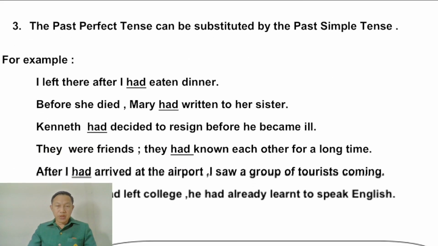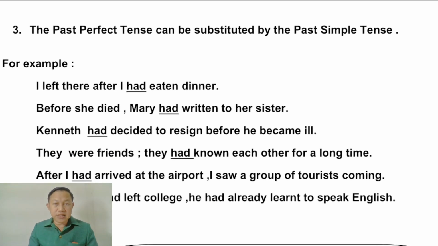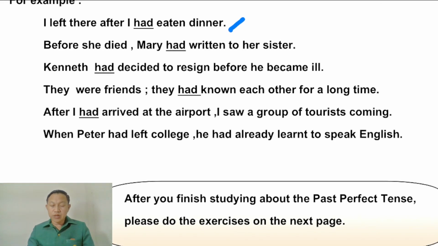Rule number 3: the past perfect tense can be substituted by the past simple tense. For example, I left there after I had eaten dinner. Before she died, Mary had written to her sister. Kenneth had decided to resign before he became ill.